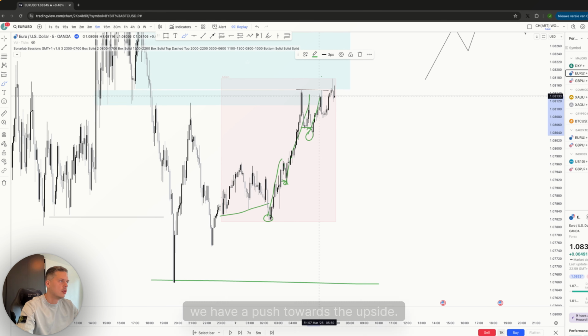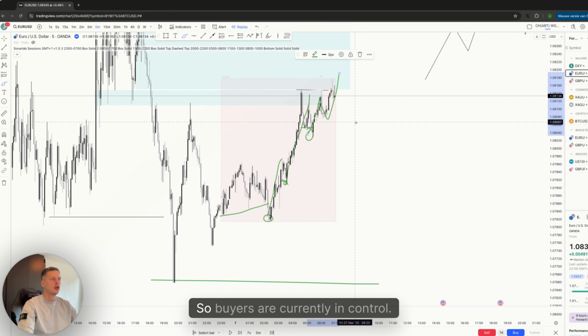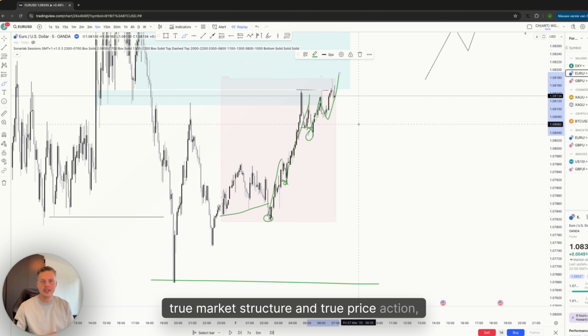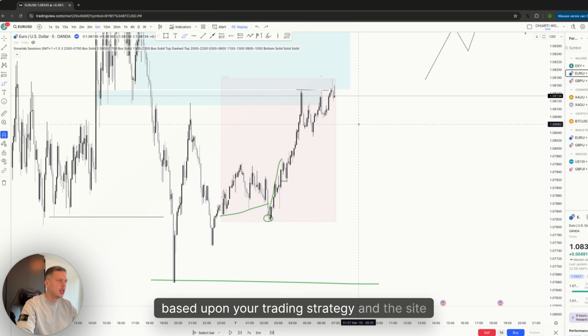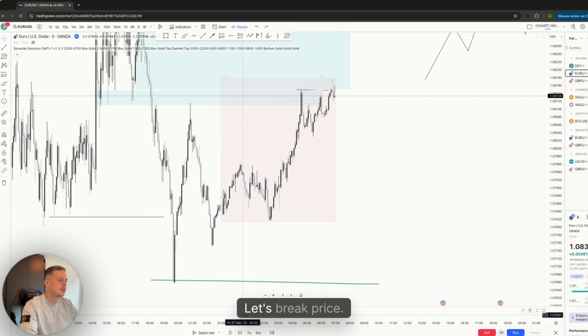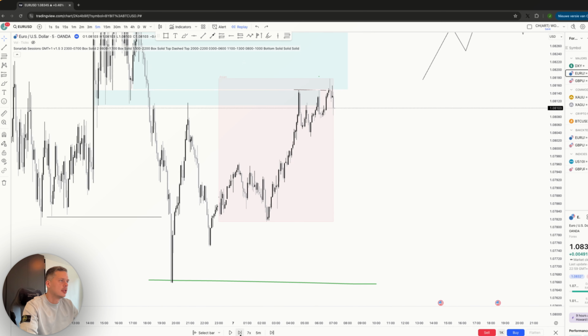Take out the low, we have a push towards the upside. So buyers are currently in control, and only if you understand true market structure and true price action, you can read it and you can make better decisions based upon your trading strategy and the side you're choosing, long or shorts. Let's play price a bit.